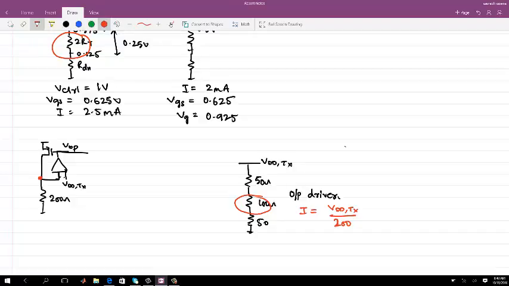Now what I do is inject the same current into a replica of an output driver. Sorry, this is the N over N output driver. So a replica of an output driver is, let's say I am controlling both of them with the same control voltage.